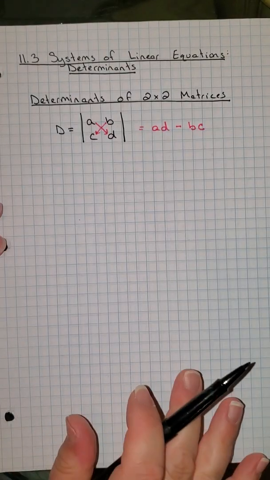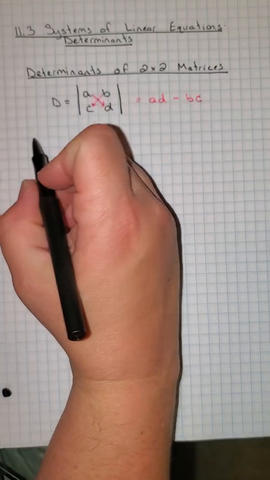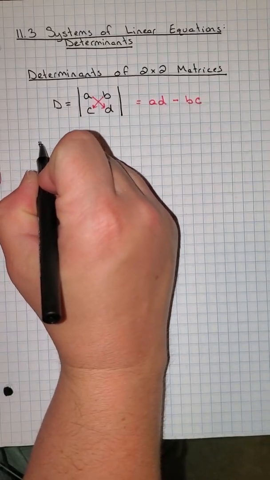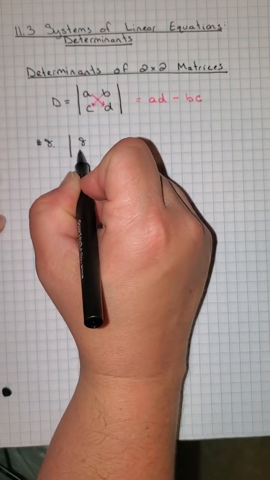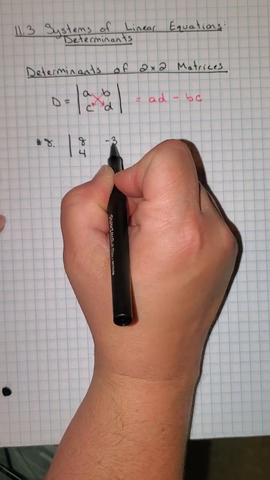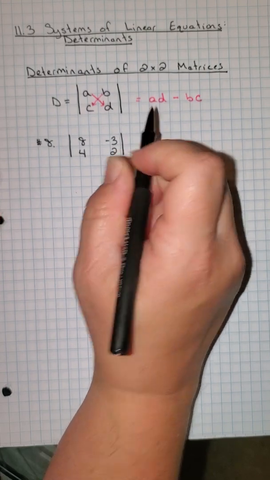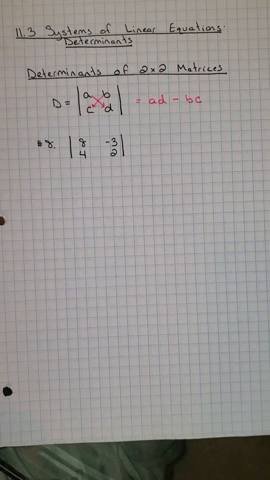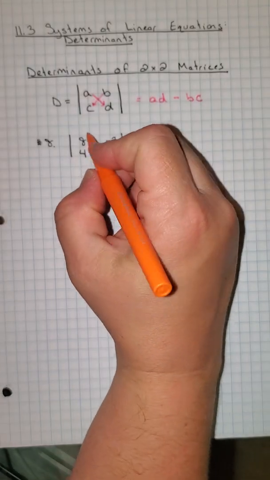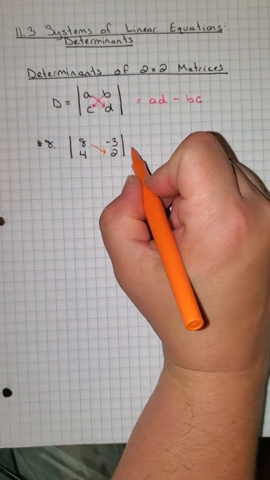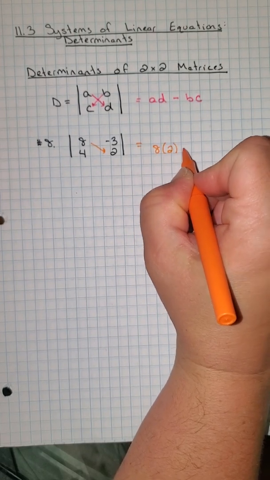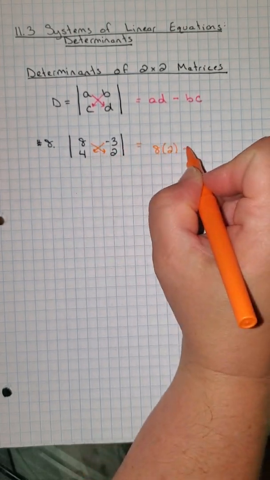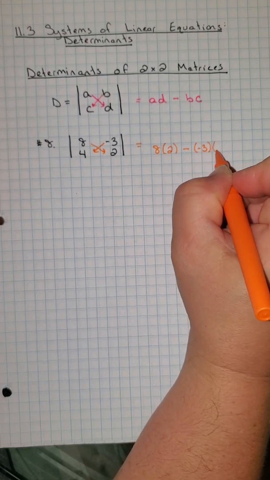So for example, let's look at number 8. Number 8 has 8 and 4, and then negative 3 and 2 for the second column. If we were told to find the determinant of this matrix, we would go this way first and do 8 times 2, minus, and then go this way, so negative 3 times 4.